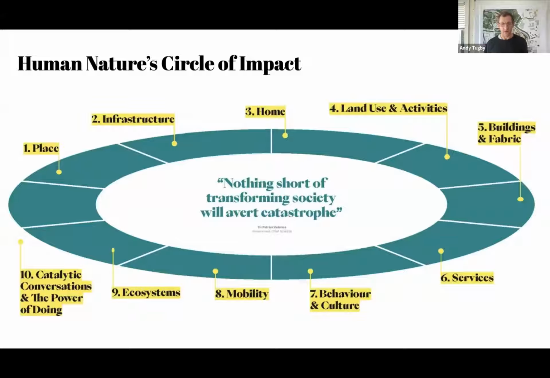When we look at homes, looking at different housing choice, shared living, compact living, self-build, co-housing, varied typologies and tenures, etc. Land use and activities, we're talking about circular economy, maker spaces, community, cultural venues, co-working, education, learning, music, dance, that sort of thing. In terms of building fabric, we look at elements of natural materials, enduring, flexible and reusable materials, concepts we call raw and craft, build and design, energy efficiency, etc., etc.